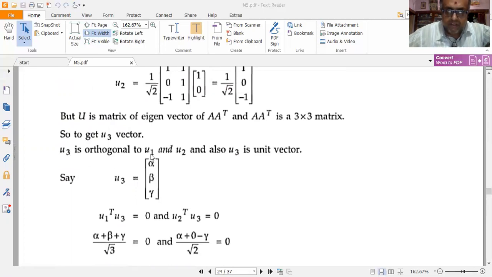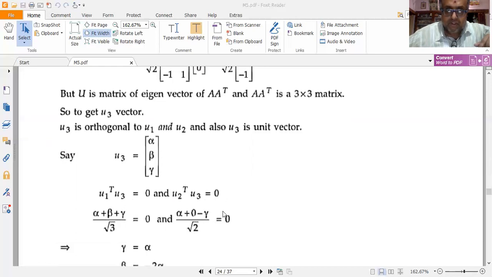U3 is separately orthogonal to U1, and U3 is separately orthogonal to U2. The condition for orthogonality between U1 and U3 is U1 transpose U3 is equal to 0. And the condition for orthogonality between U2 and U3 is that U2 transpose U3 is equal to 0.